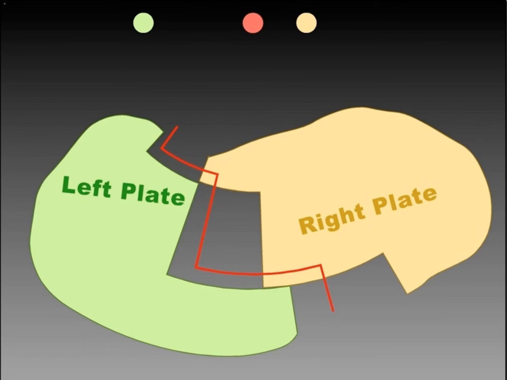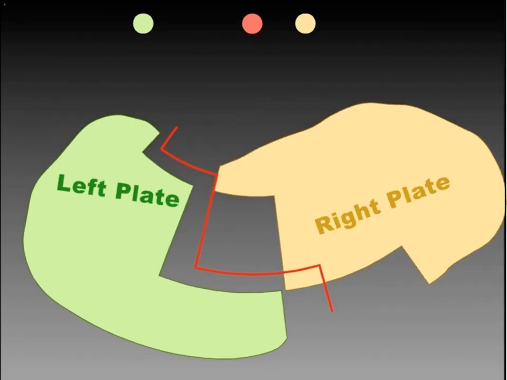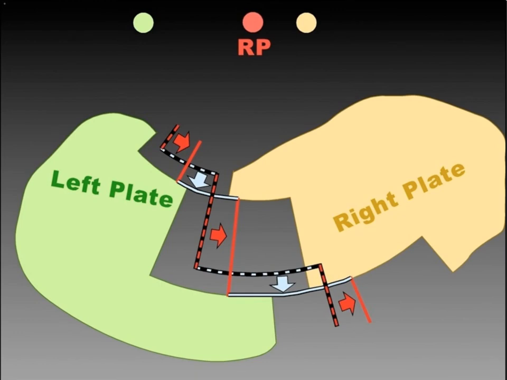Now this red line that you see is the original position of the plate boundary in the very first slide. So you can see that these plates are moving not only relative to each other, but relative to where they once were. Both of them a little bit closer to that red pole there, and so forth.